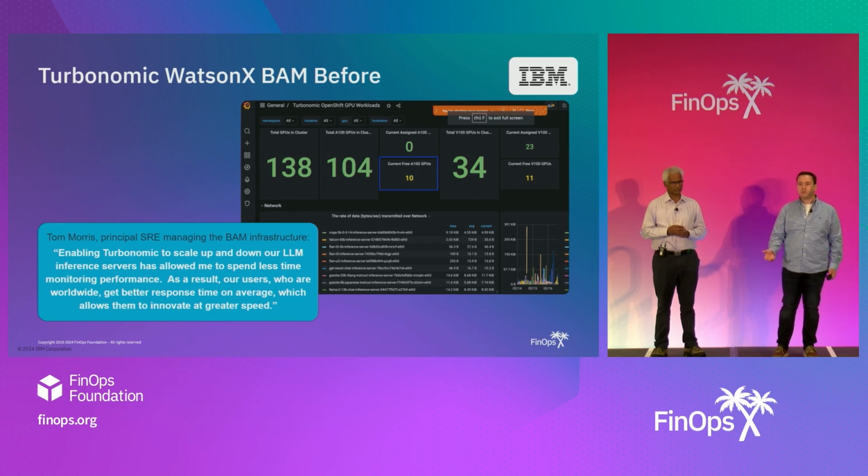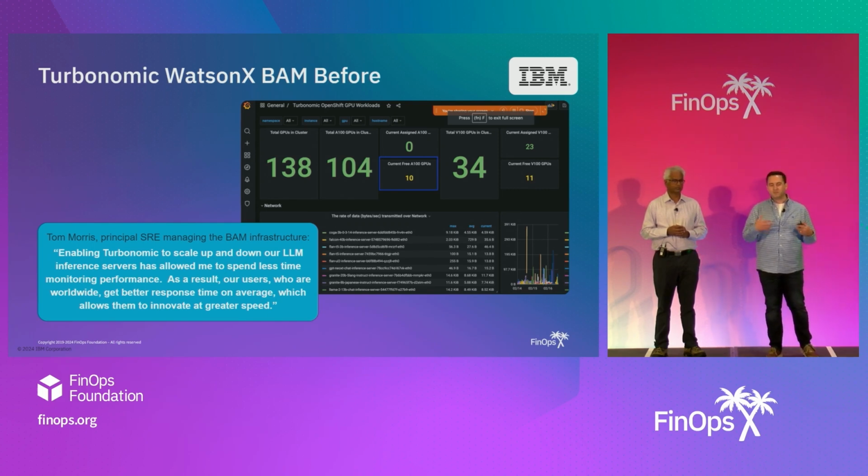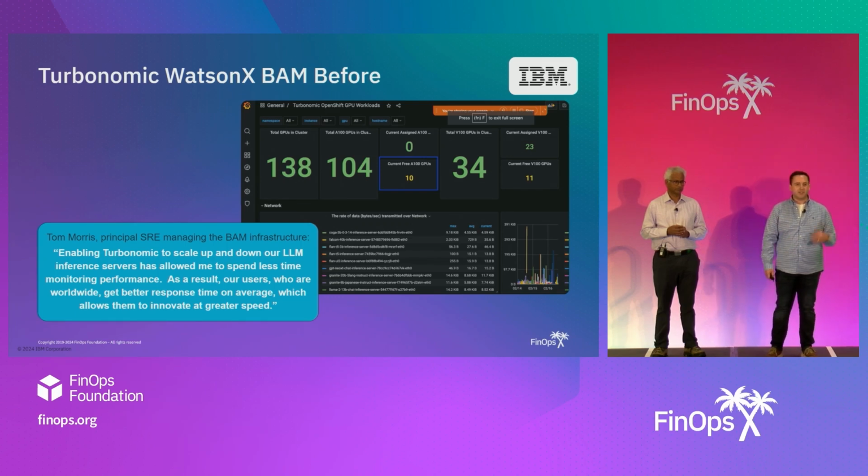They've followed the same maturity path as all of our customers, which is initial skepticism of a system that automatically reconfigures things, to slowly analyzing, proving to themselves that an optimization is safe, trying it out, learning to trust it, and then eventually flipping the switch and turning on automation so it can continuously deliver as much performance as possible at the lowest possible cost. So I think Watson X is now available in 4 global data centers that are all being optimized by Turbonomic.